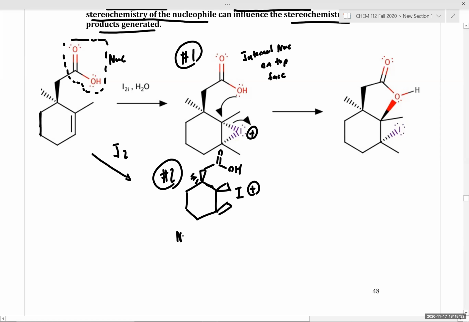Number 2, the nucleophile and halonium intermediate are on the same face, which leads to a negligible rate of reaction.